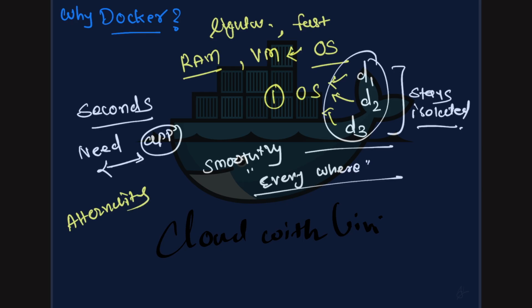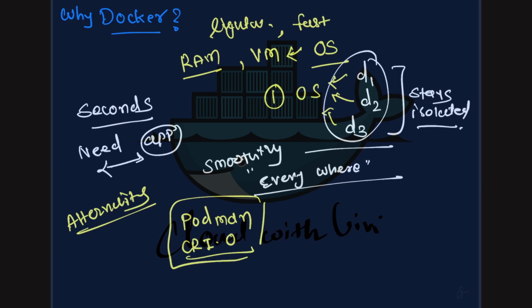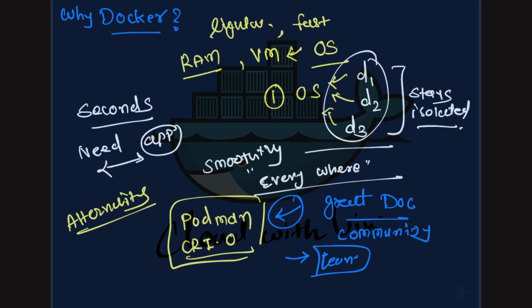Then there are some alternatives, like Podman and CRI-O. There are some good options, but people are not using them because Docker has great documentation, a great community, and is easy to learn.